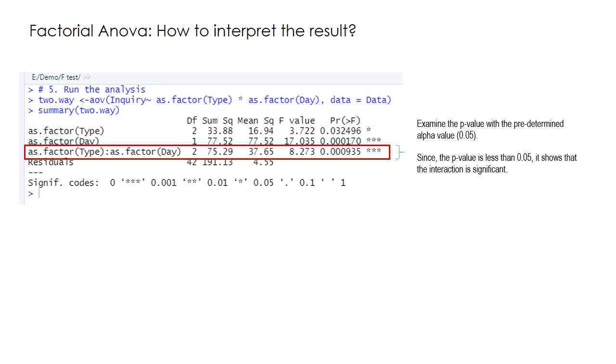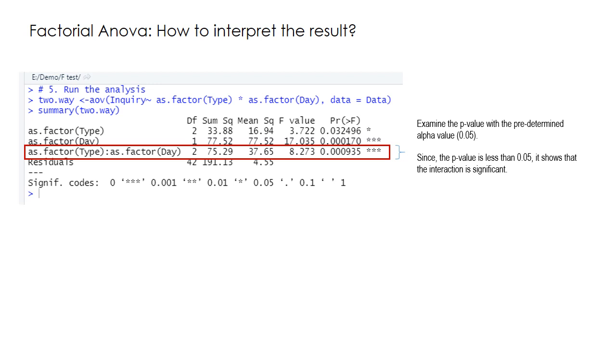So when it's significant, remember interaction is like you have 3 groups of programs and then you have 2 days. So it's almost like 2 by 3 factor, okay, 2 by 3 combinations. And then you need to examine exactly where the difference actually exists. So you need to do the follow-up analysis.